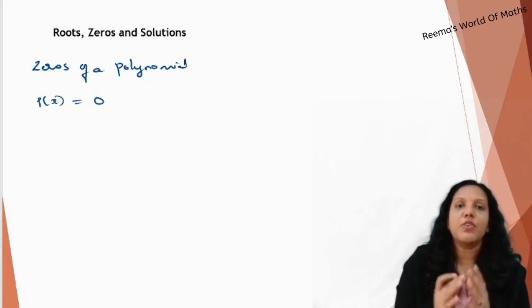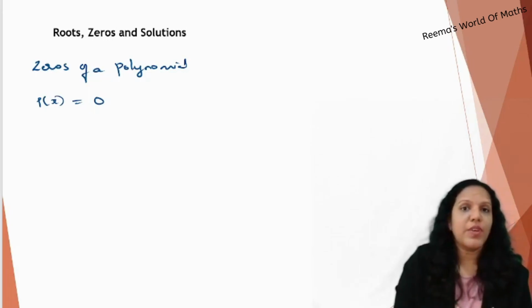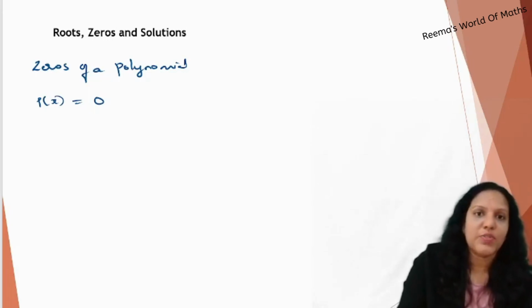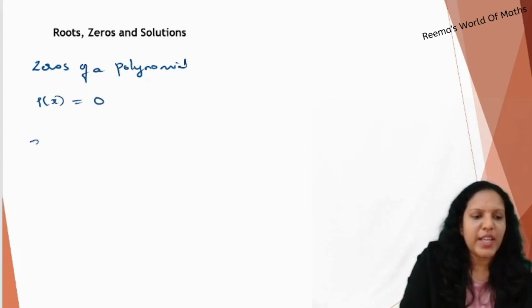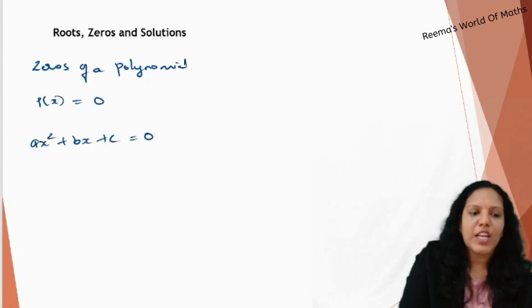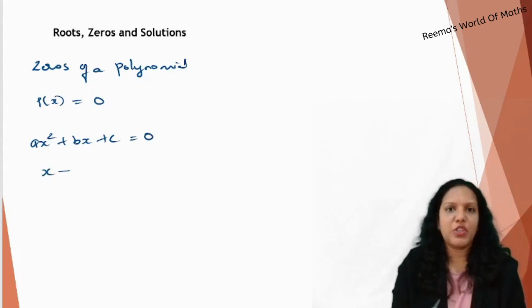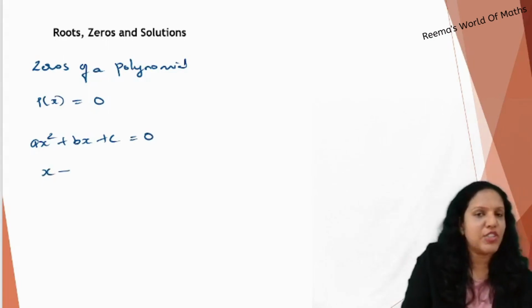Similarly, for quadratic equations, we call them the roots of a quadratic equation, and we can also call them solutions. In a quadratic equation ax squared plus bx plus c equals 0, the values of x which make the equation equal to 0 are called roots or solutions.